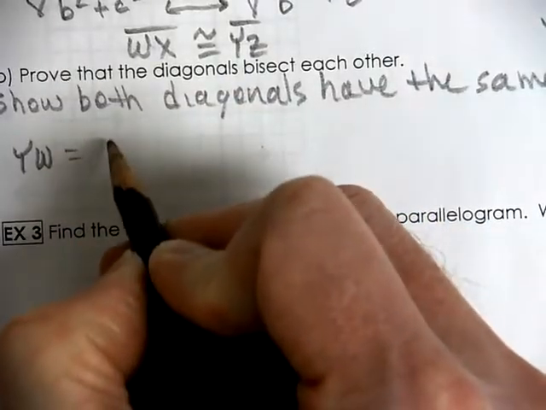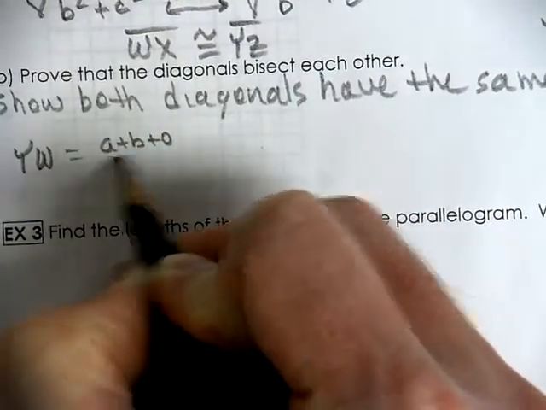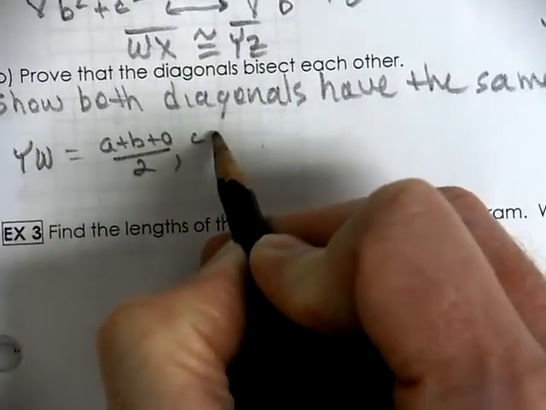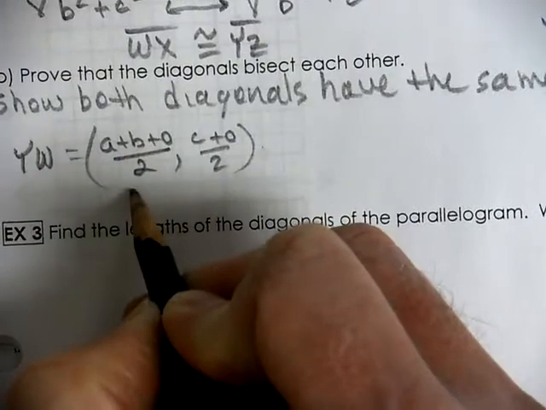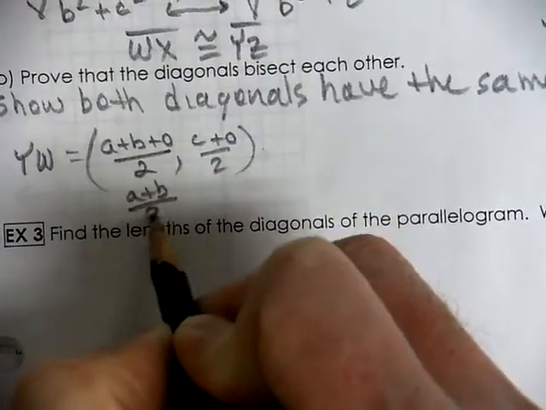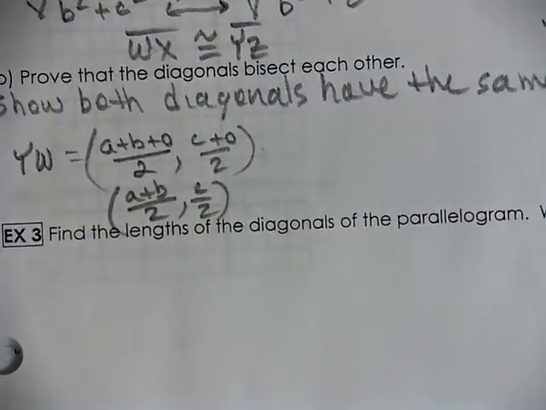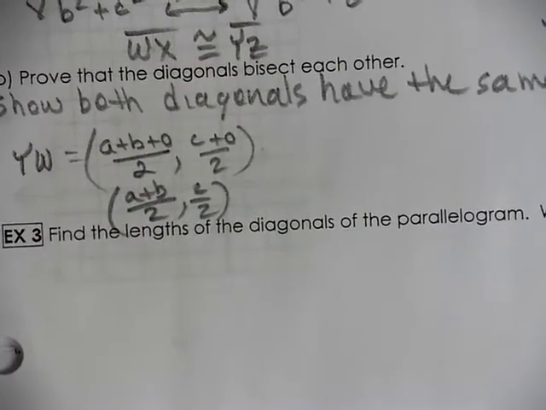So my midpoint formula is my x values added together, divided by 2, and my y values added together, divided by 2. So that leaves me with a plus b divided by 2 and c divided by 2. So that's my midpoint of segment WY.